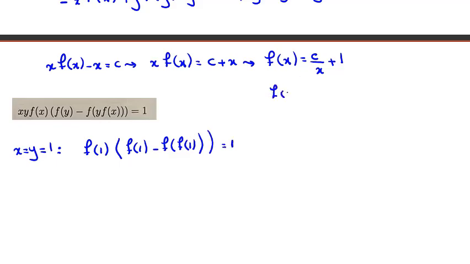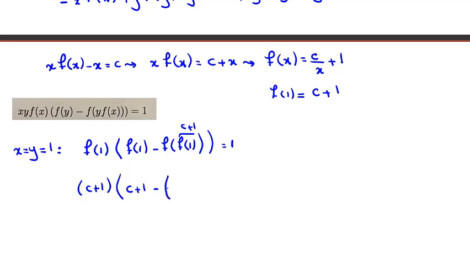So f of 1 is what? Most of the time we can replace x with 0 here, but x can only be positive real numbers. I consider a special case, the simplest one, c plus 1. So if I replace here, f of 1 is c plus 1, f of 1 here is c plus 1, and now it is x.